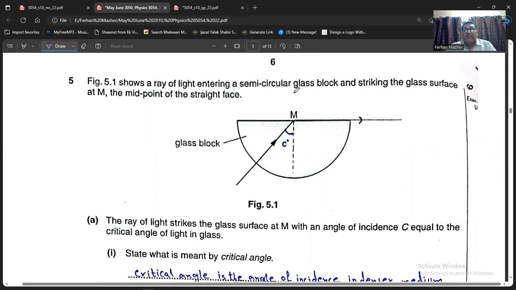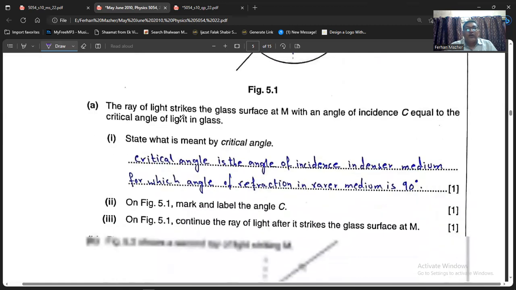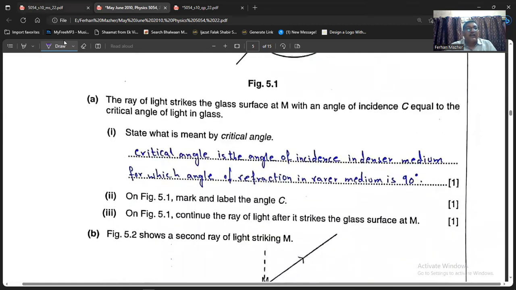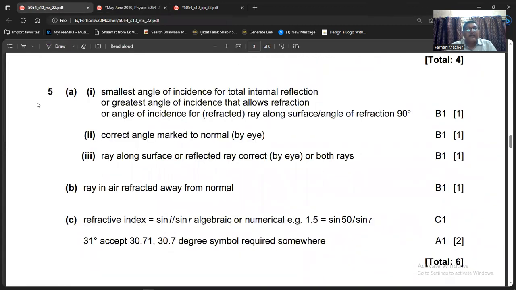I will label it as C, because when the angle of incidence here in the dense medium is equal to the critical angle, the light will start moving along the boundary of the glass and the air. The angle of refraction here is, if you prolong this normal, this angle will be 90 degrees. So I hope you understand both these parts, and let me show you the answer.